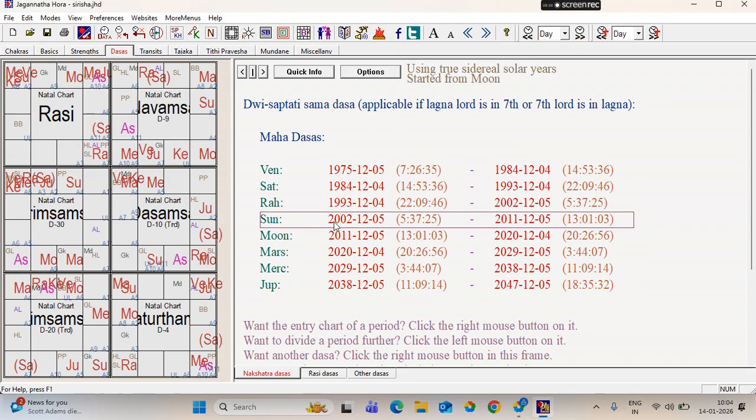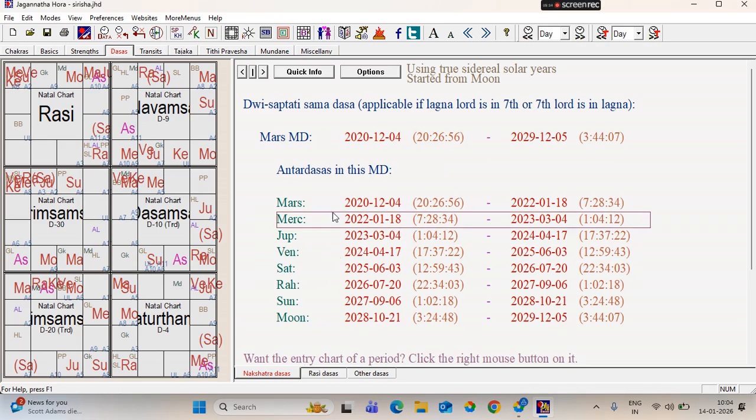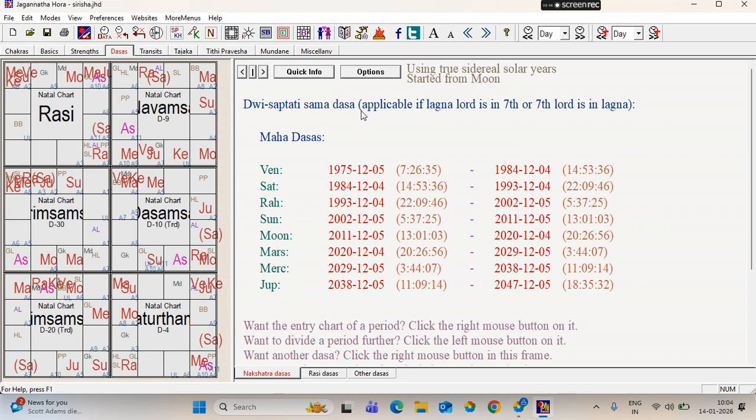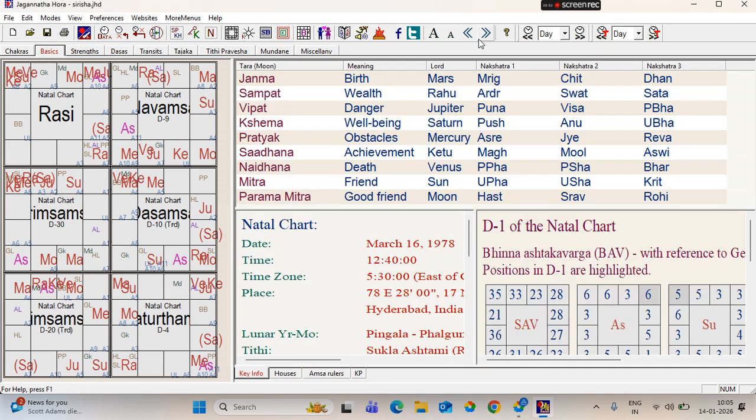And again, if you see here, 2025 July to 2025 September. So Mahadasha and Antardasha, we can see these planetary connections.